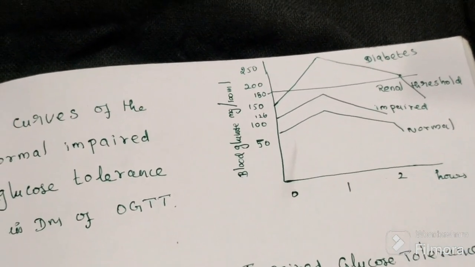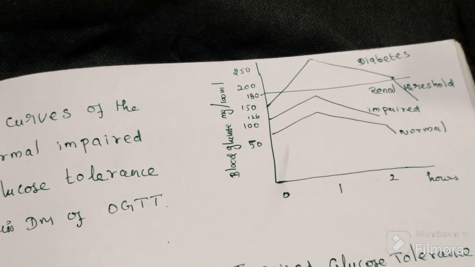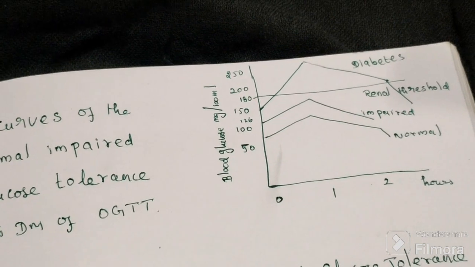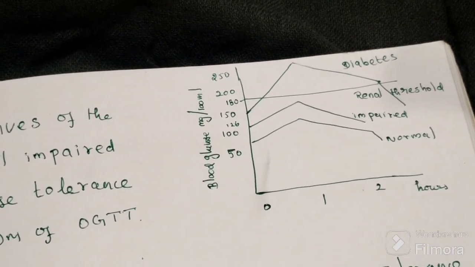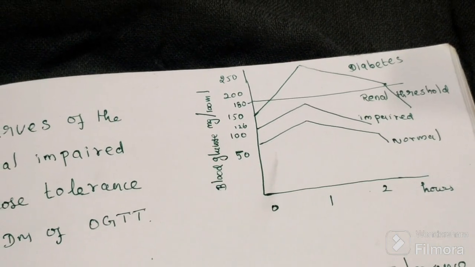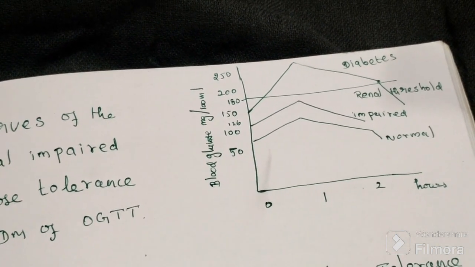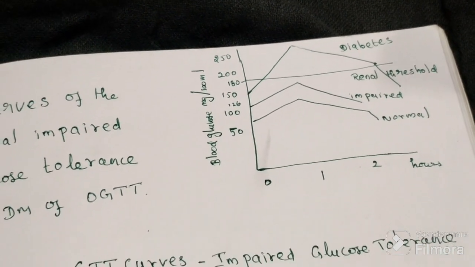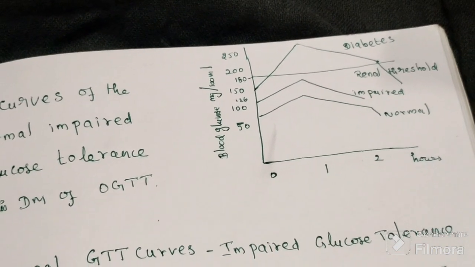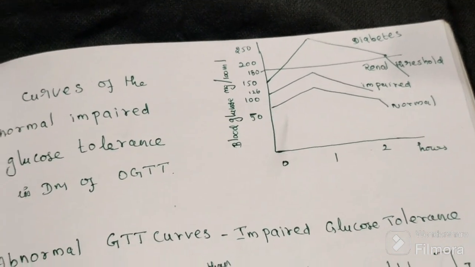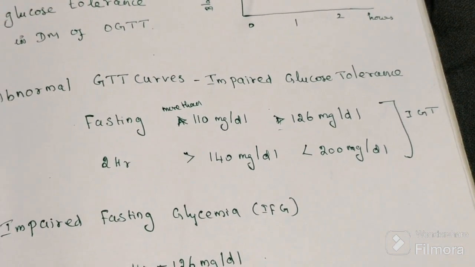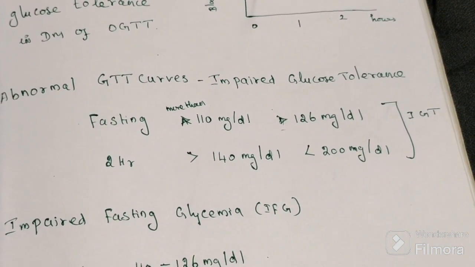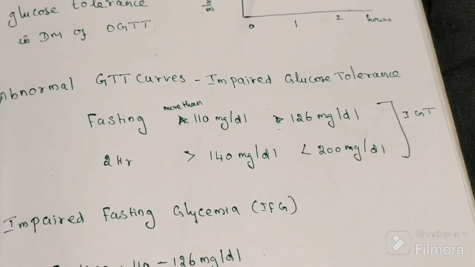So in this one, first we will see impaired glucose tolerance. Fasting is more than 110 mg per deciliter but less than 126 mg per deciliter, and the 2-hour sample shows 140 mg per deciliter, less than 200 mg per deciliter.